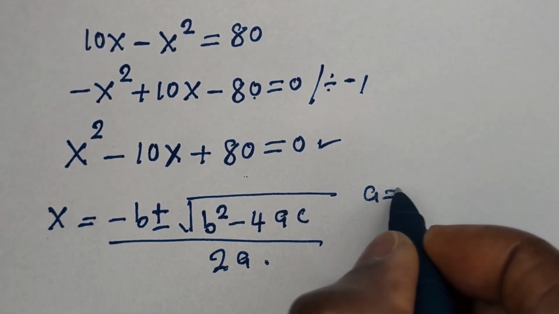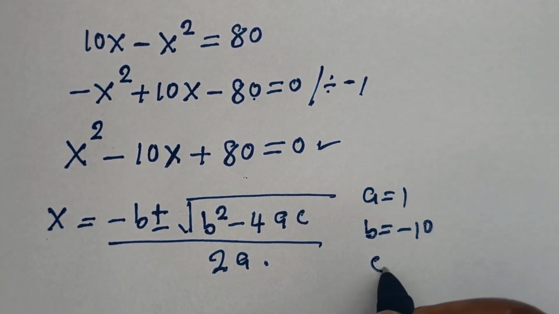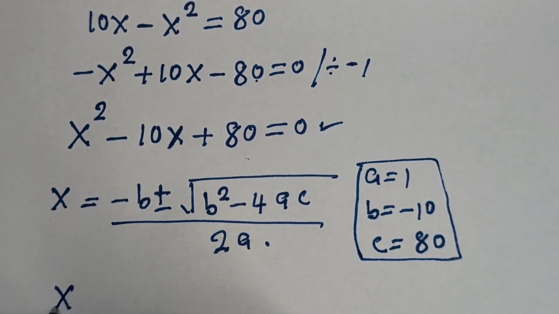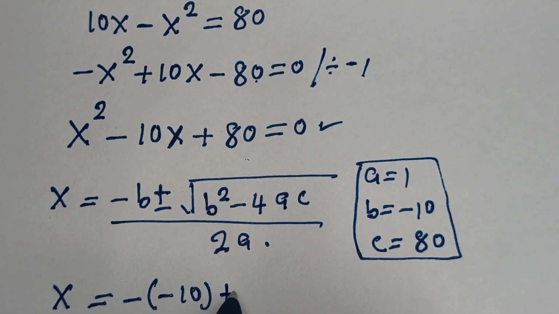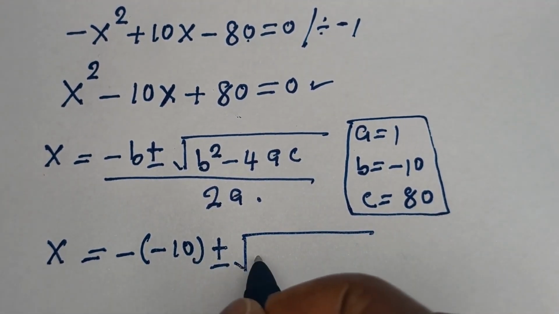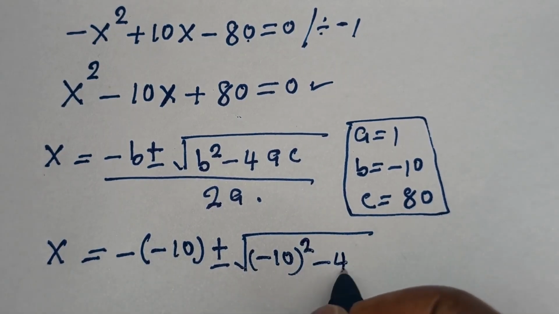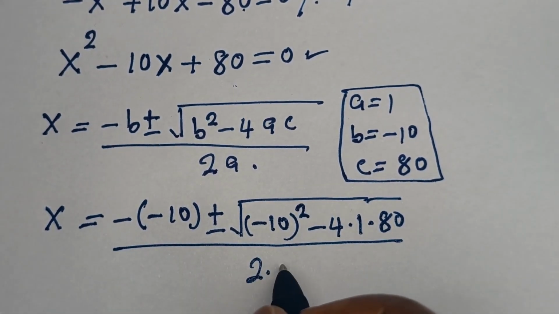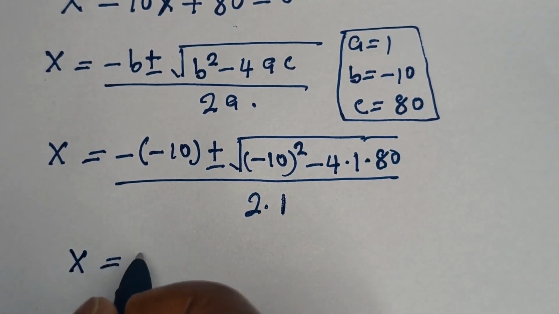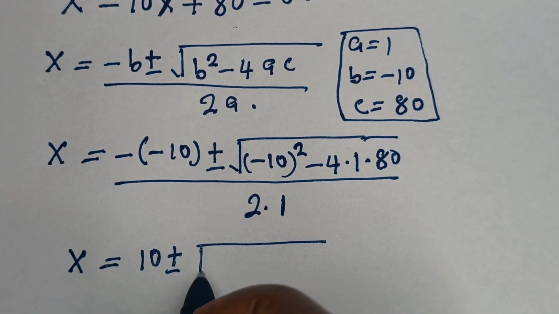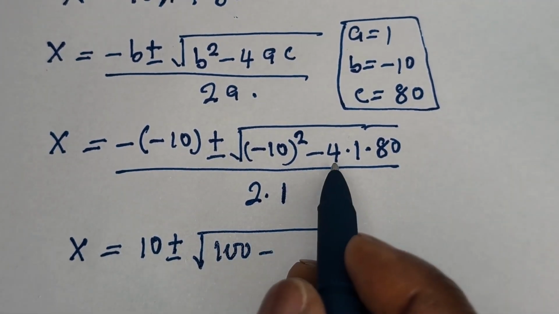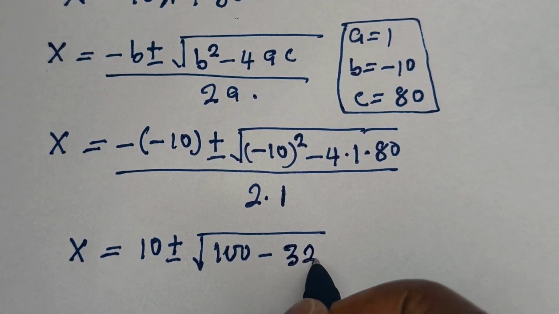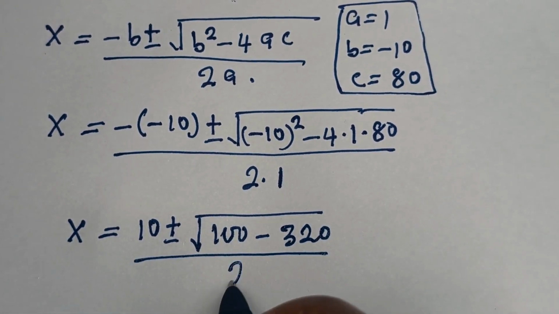From this equation, a is equal to 1, b is equal to minus 10, c is equal to 80. x is equal to minus bracket minus 10 plus or minus square root of minus 10 square minus 4 multiplied by 1 multiplied by 80 over 2 multiplied by 1. x is equal to 10 plus or minus square root of minus 10 squared, that is 100, minus 4 multiplied by 1 multiplied by 80, that is 320, over 2 multiplied by 1, that is 2.